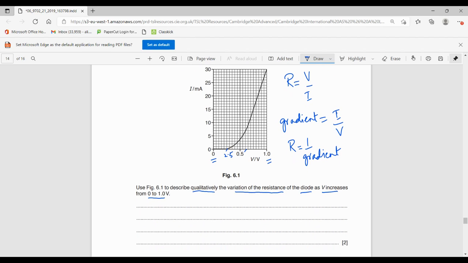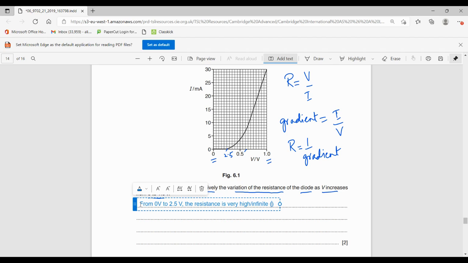So let's quickly write it down. From 0 volt to 2.5 volt, the resistance is very high, or we can even say infinite. And how do we know? We know this because there is zero current.